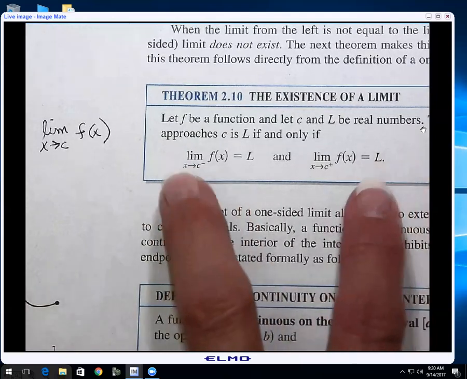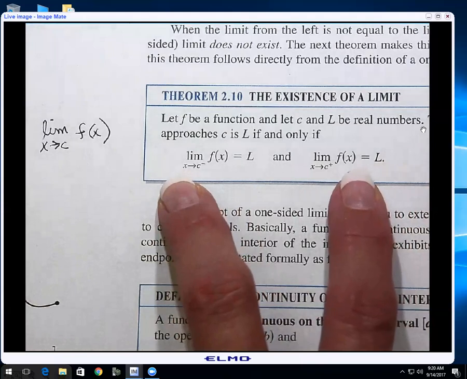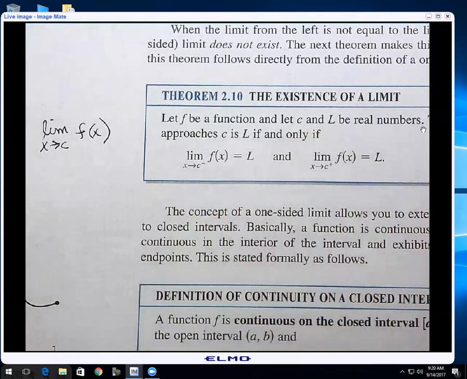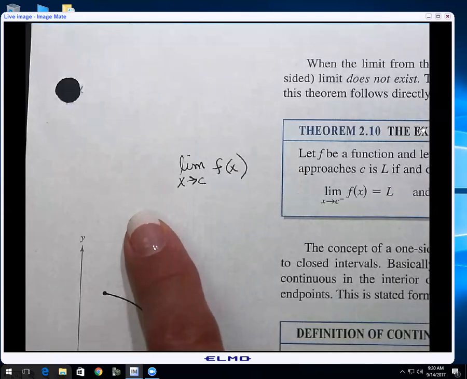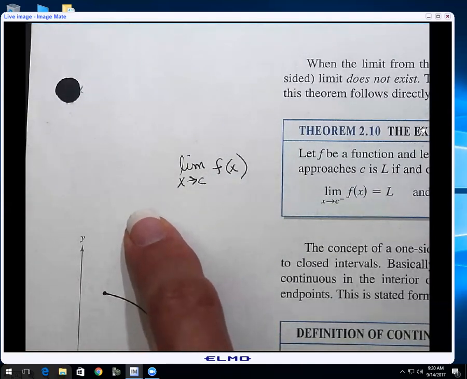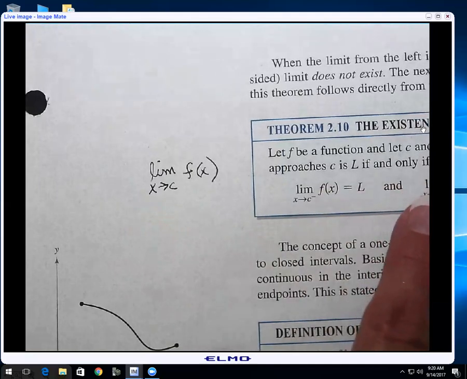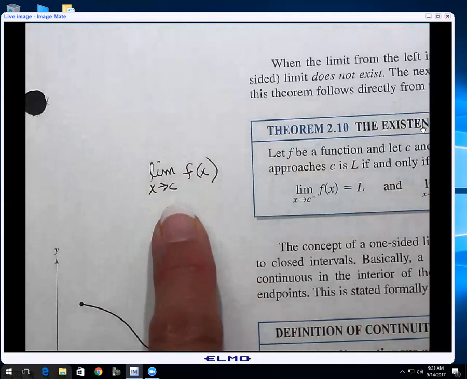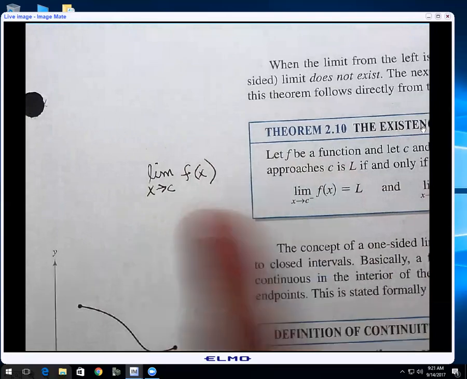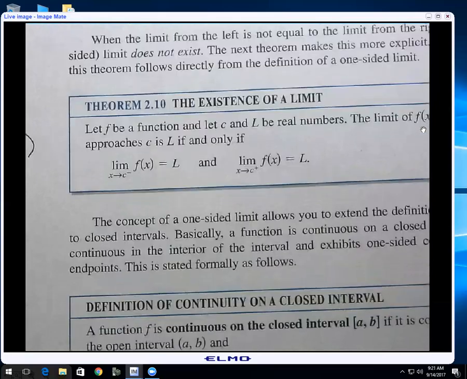So if both of those limits exist and are the same number, then we say the two-sided limit exists. We've already said that, we just didn't have notation for it yet. The limit from the left has to be the same as the limit from the right in order for the two-sided limit to exist.